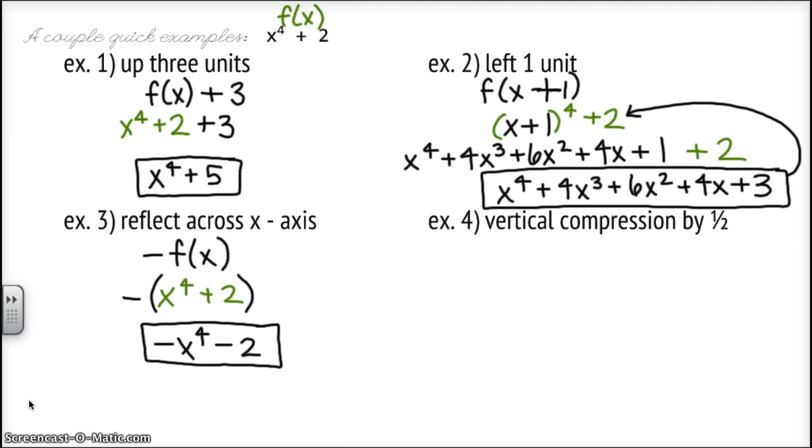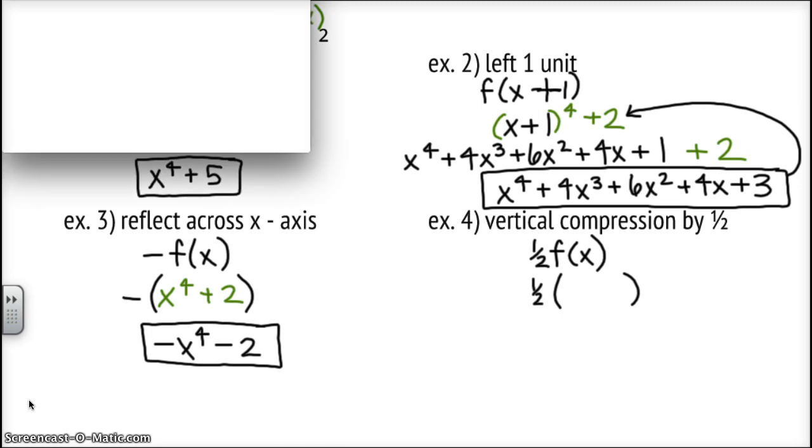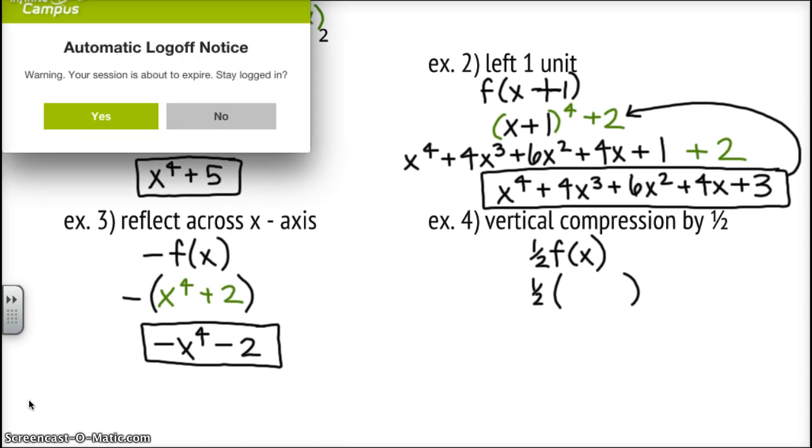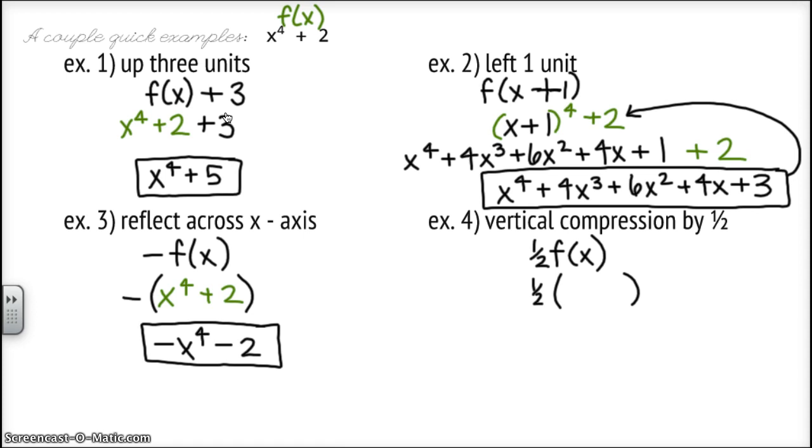Then vertical compression by 1/2. That means we do 1/2 times f of x. So we do 1/2 times x to the 4th plus 2. Do the distributive property. 1/2 x to the 4th plus 1. Right? Because 1/2 of 2 is 1 after we do that distributive property. So that's saying we've compressed this graph by 1/2.